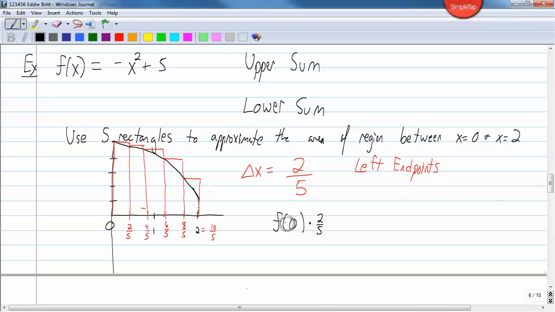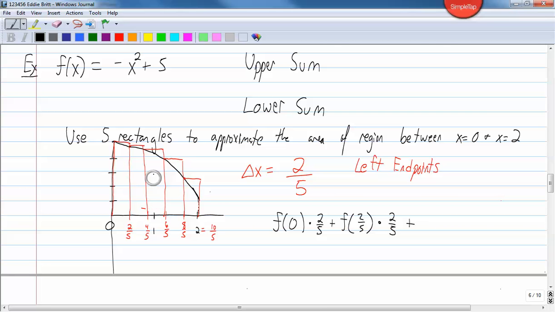That gives us the area of the first rectangle. Plus, what is our next x value? 2/5. f of 2/5 times, what's the width? Again, it's 2/5. So that's for this rectangle.